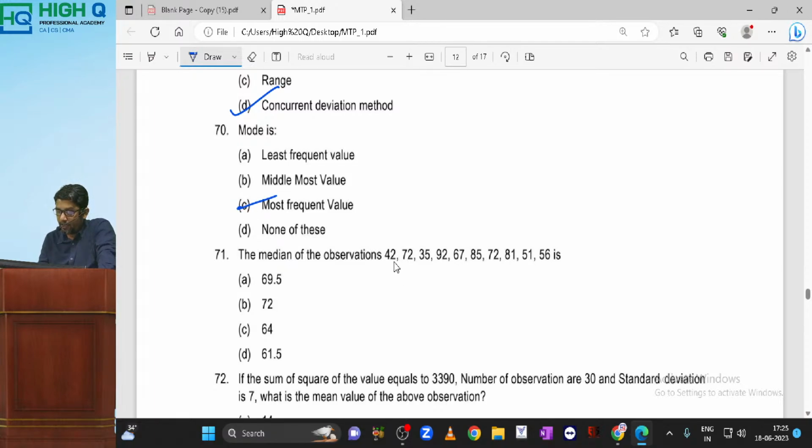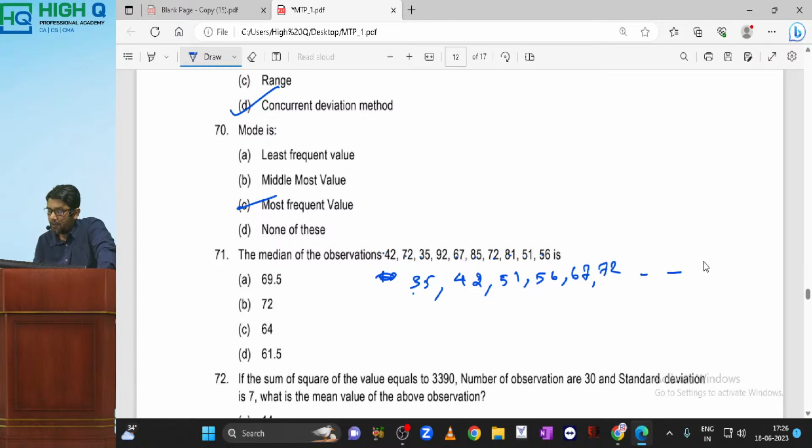The median of the observations. First we need to arrange them in ascending order. Tell me, my dear, what is the smallest value? 35. Next 42. Next 51. Next 56. Next after 67.